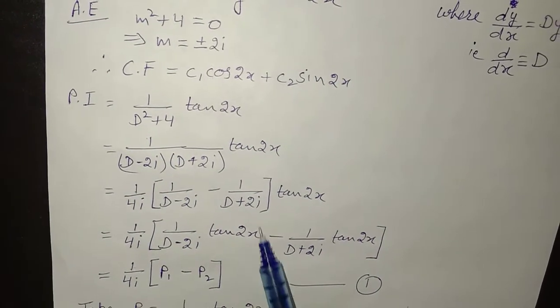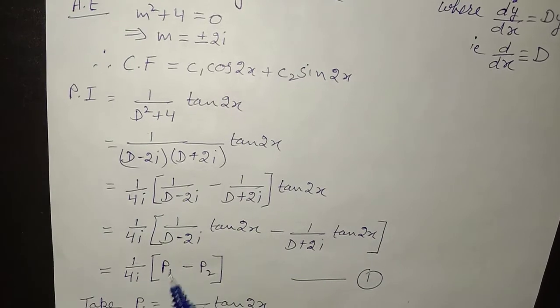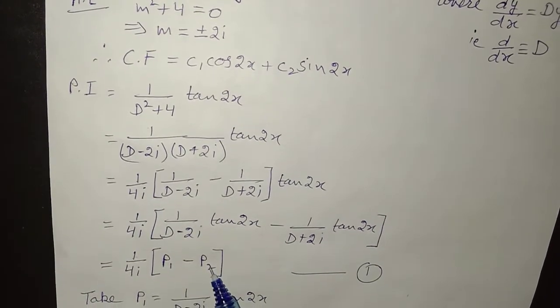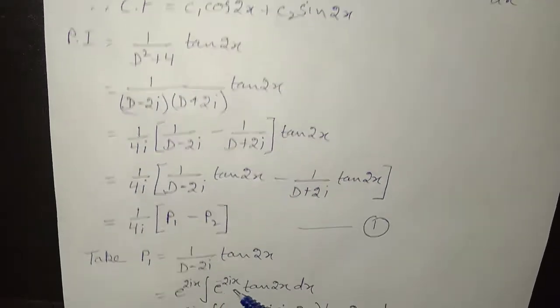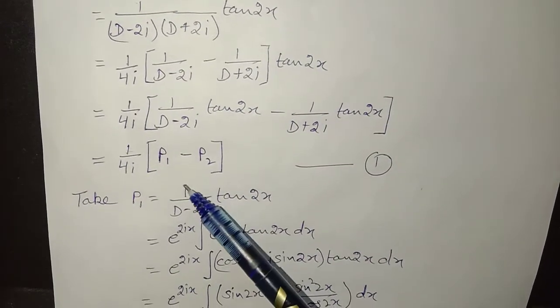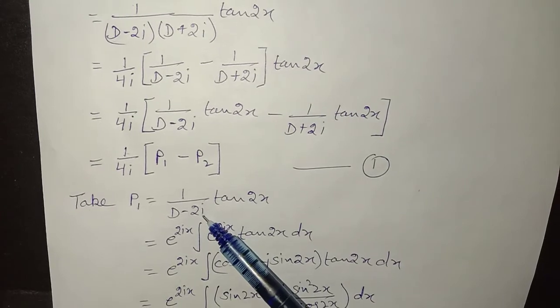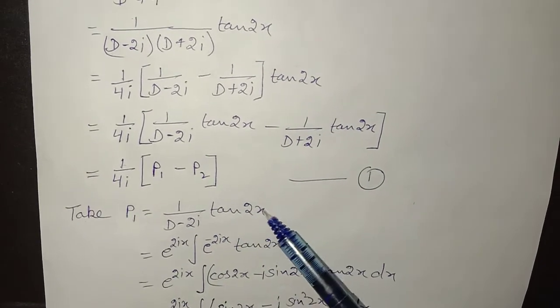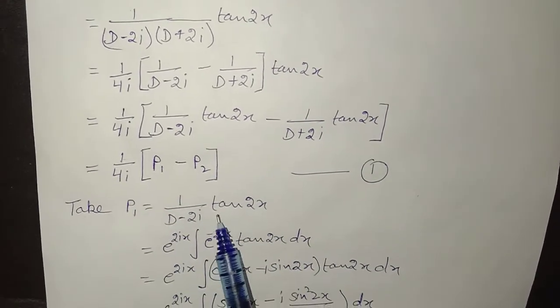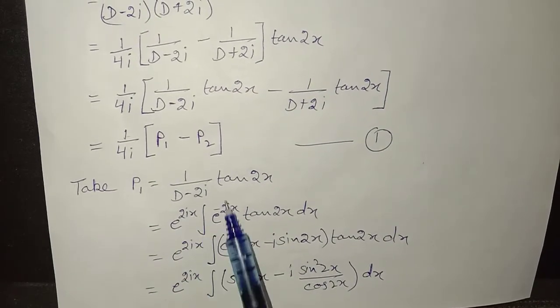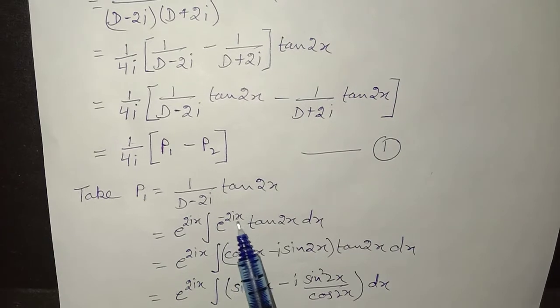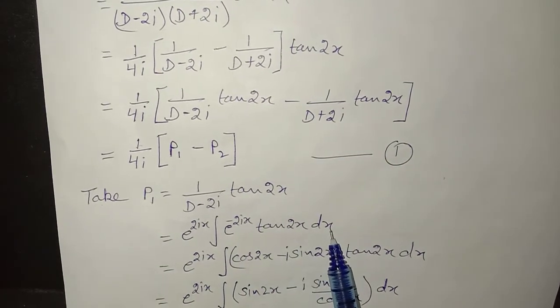And now we have to evaluate both the terms. First we call the first term P1 and the second term P2, and now first we evaluate P1. P1 is 1 over (D - 2i) tan 2x. So we use the formula e^(2ix) times the integration of e^(-2ix) tan 2x dx.